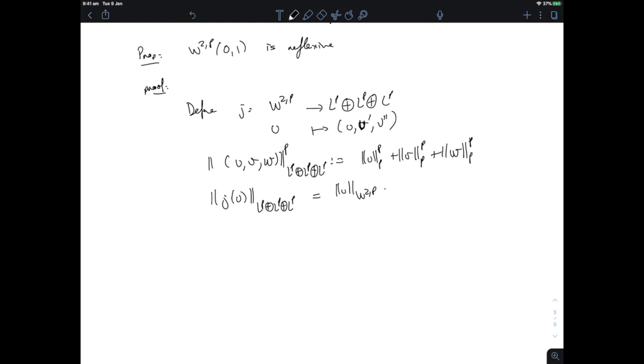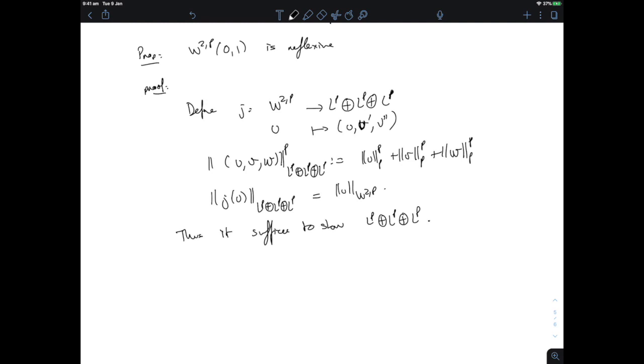So J is an isometry between a Banach space and a subspace of some space, which is L^p plus L^p plus L^p. So the result will follow if we can show that L^p plus L^p plus L^p is reflexive, because then W^{2,p} will be isometric to a closed subspace of a reflexive space, and closed subspaces of reflexive spaces are reflexive.